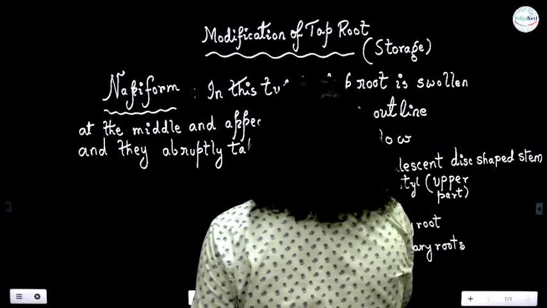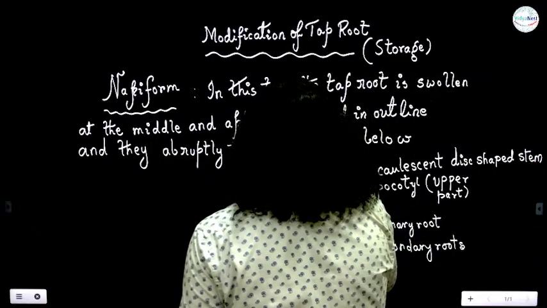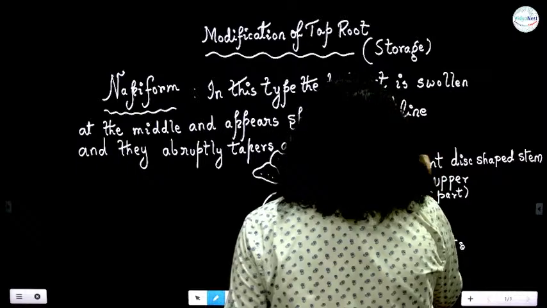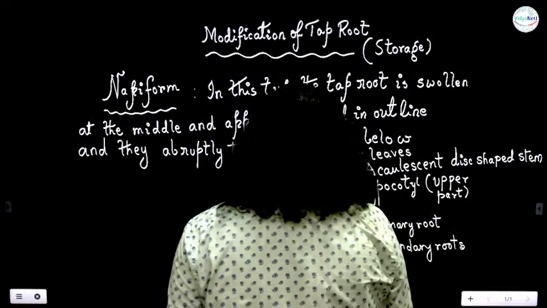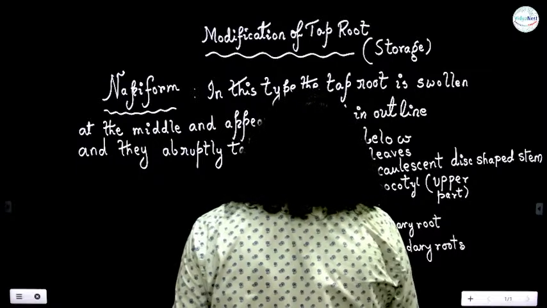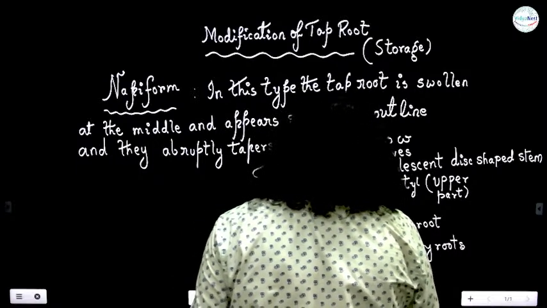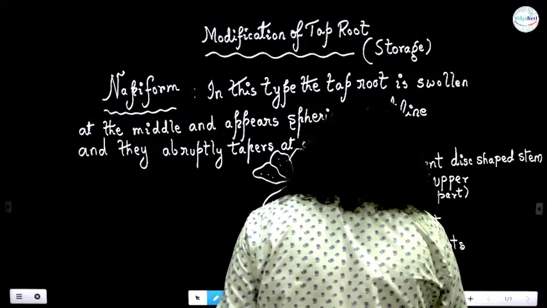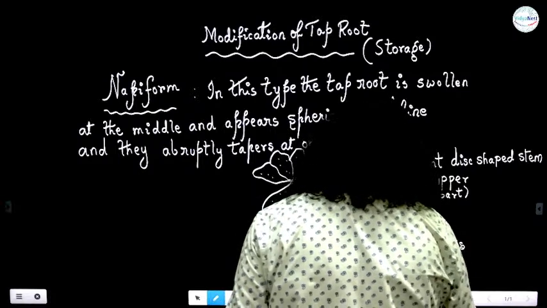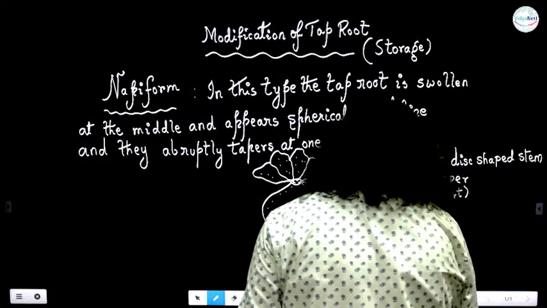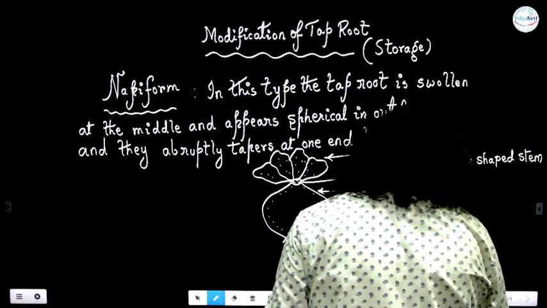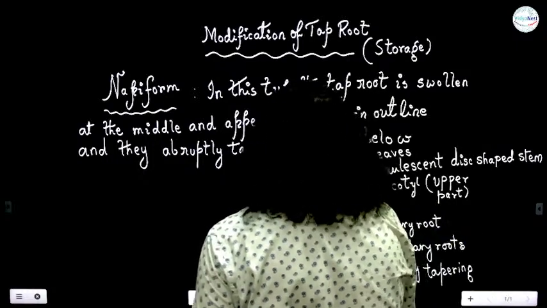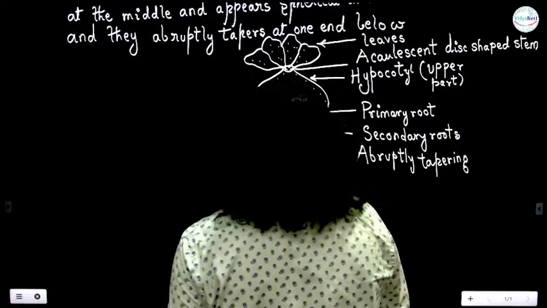Over these, you can see that these are the leaves which are present, and the root abruptly tapers. Abrupt tapering of the root is found over here.